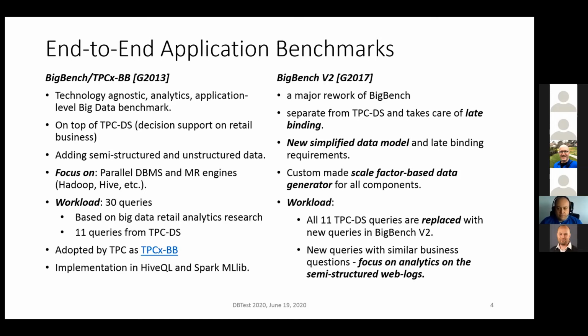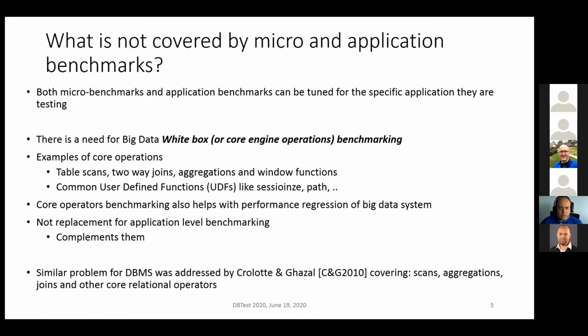So these are basically the differences between the BigBench versions, and this is what an application benchmark looks like.